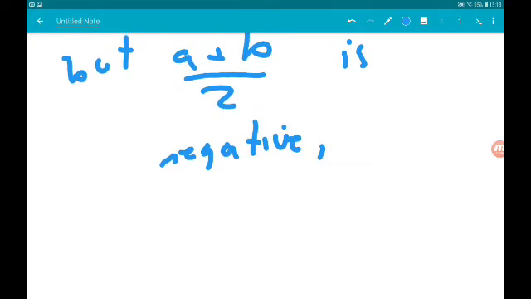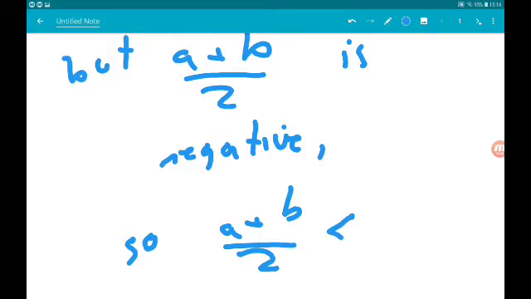So, in this case, a plus b over 2 would be negative, so less than root ab. Cool.